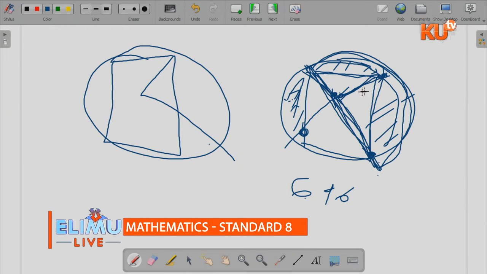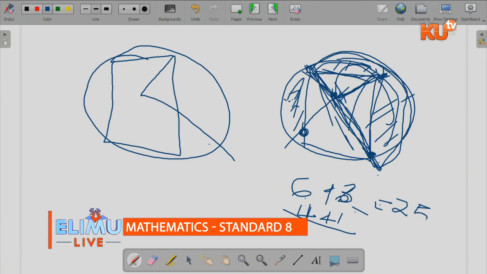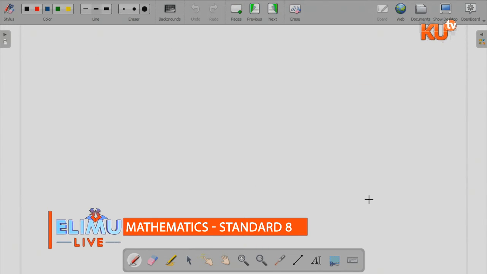Because this one is not there, and this semicircle is there, and they have removed the triangle. So here we take away, we don't add. 693 take away 441 will give us 252. Good.